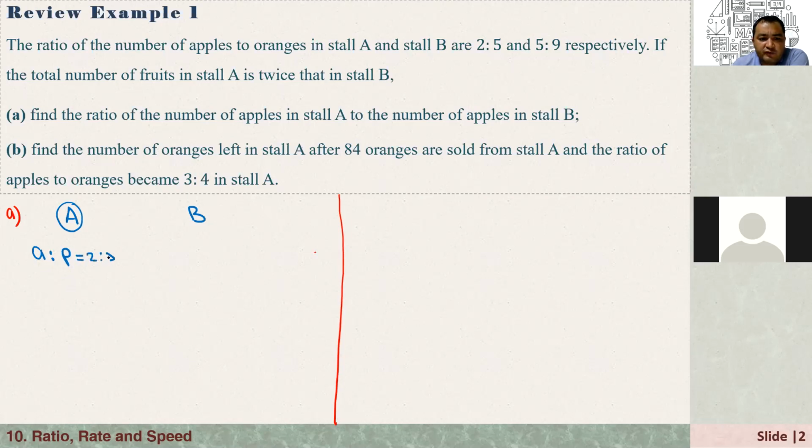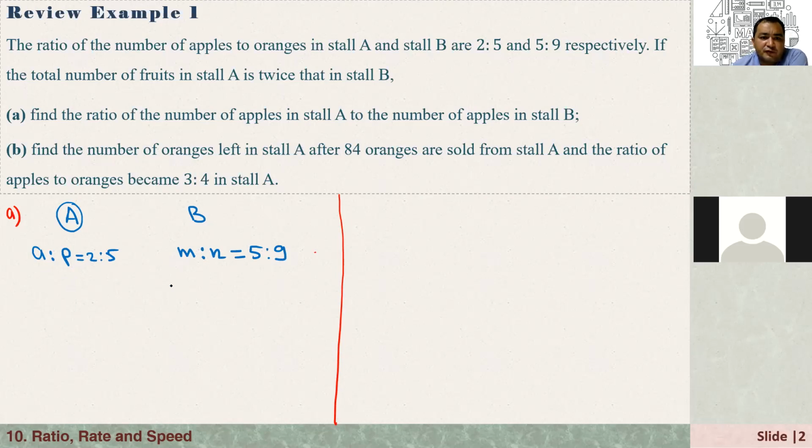It is 2 to 5. And how about in stall B? Let's say the number of apples here is M and oranges N. That's equal to 5 to 9, respectively.